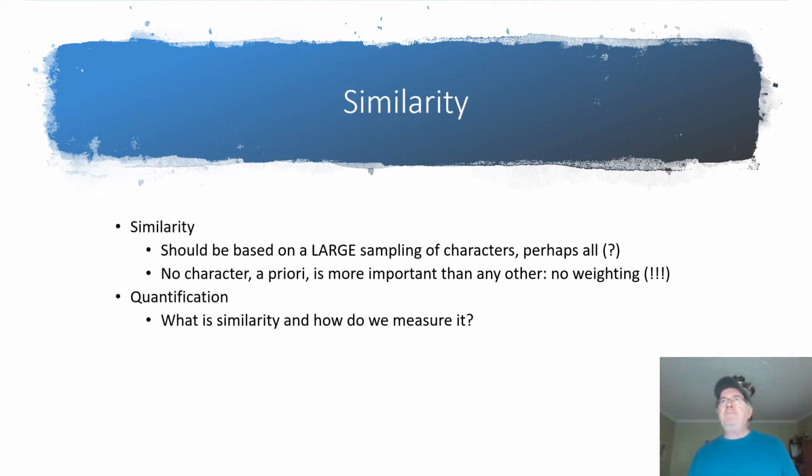And it's probably occurred to you that, going along with that, if we're coming into this exercise, we don't want to be imposing our subjective impressions of which characters are more important than which other characters. In other words, there should be no character weighting. No character, a priori, is more important than any other. So characters should not be weighted beforehand, before you produce the classification.